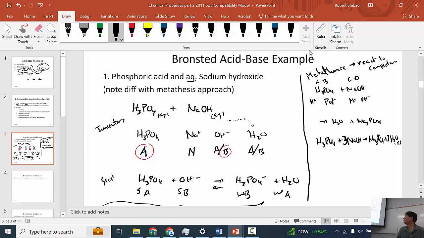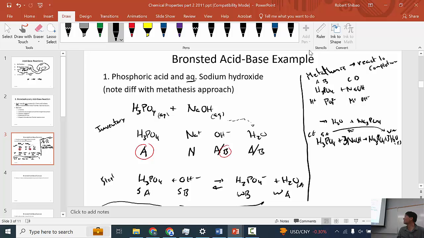Water should be liquid. This would be the CE. The driving force for this is going from stronger acid, phosphoric acid, to weaker acid, water. Driving force.